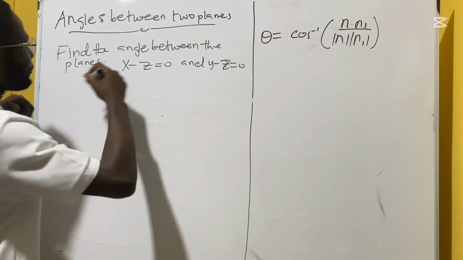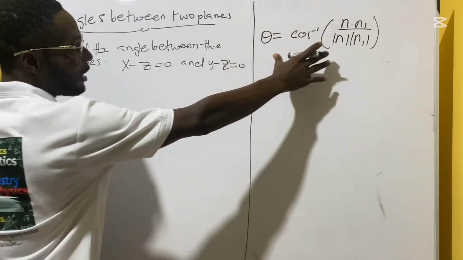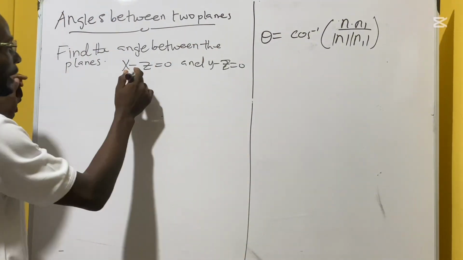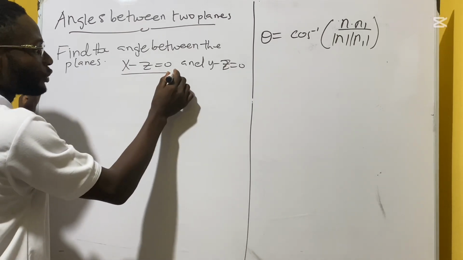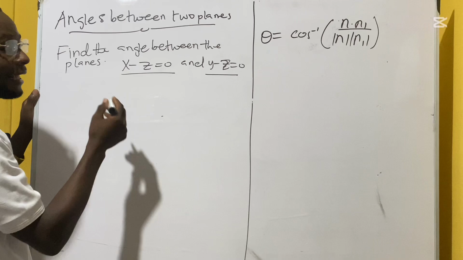Here we know that this is the formula for angles between two planes. This is our first normal and this is our second normal, which we denote as n and n1.